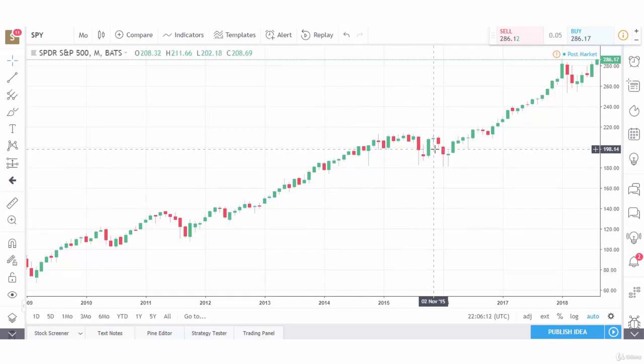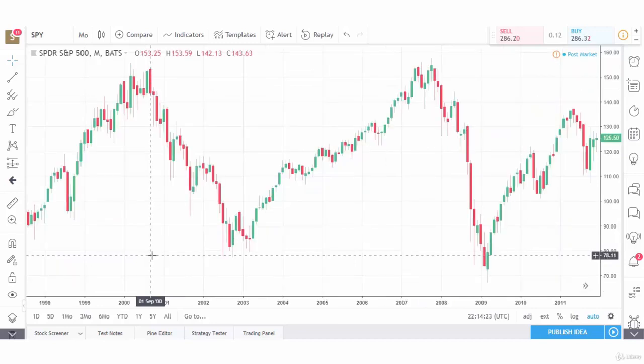And I want you to notice the contrast between that and the bear market that we're going to look at now. So let's now take a look at two bear markets that occurred between the year 2000 and 2009. The first bear market started in September of 2000.